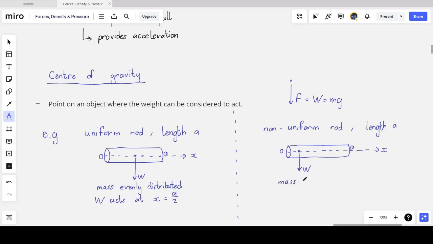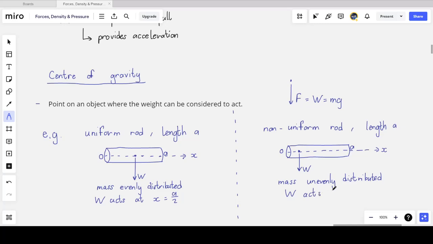And this center of gravity is not at the geometric center of the object, because the mass is unevenly distributed. I'm not really going to show how to calculate centers of mass, but just so you know where it is for mathematical purposes when solving problems with the turning effects of forces.